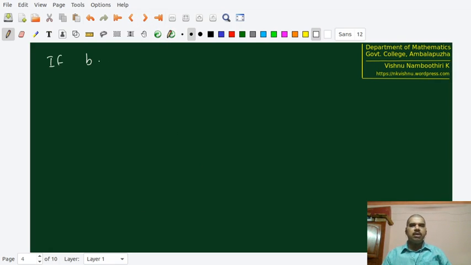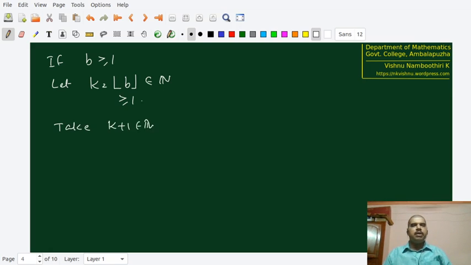And if b is greater than or equal to 1, let k be equal to the floor of b, that is, the greatest integer not exceeding b. Therefore this is again in n, and it is greater than or equal to 1. Now take k plus 1 in n.